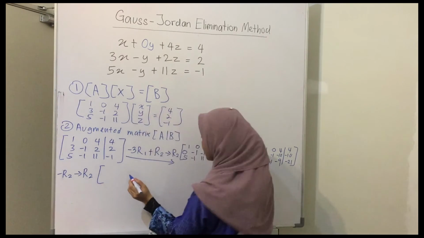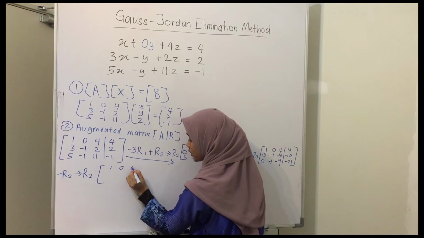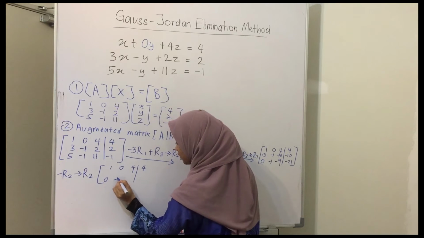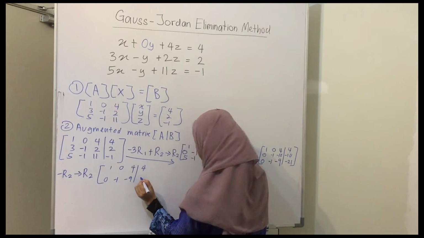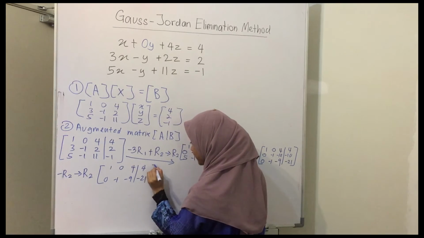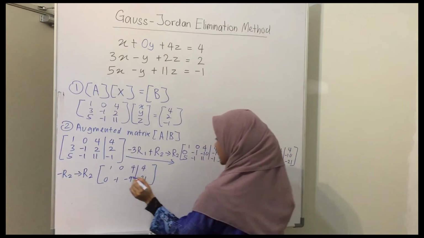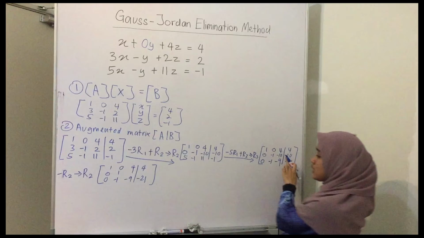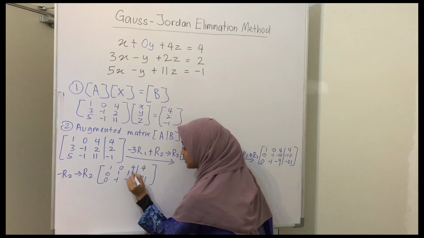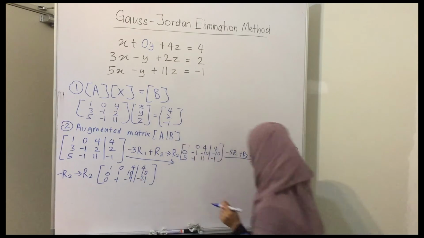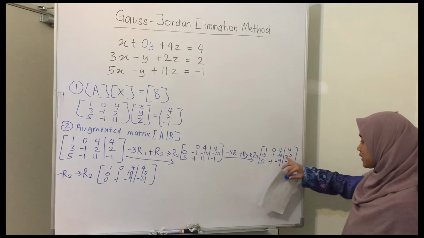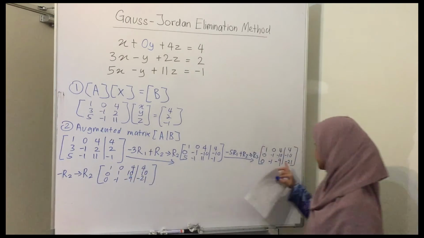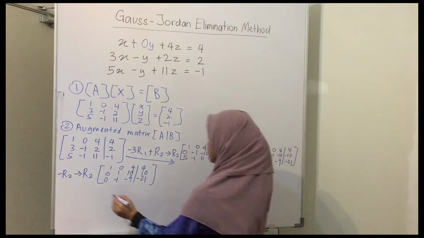So 1, 0, 4, 4, 0, -1, -9, -21. So row 2 will be changed: 0, 1, 10, and constant 10. Alright, -1 will be 1, -10 will be 10.